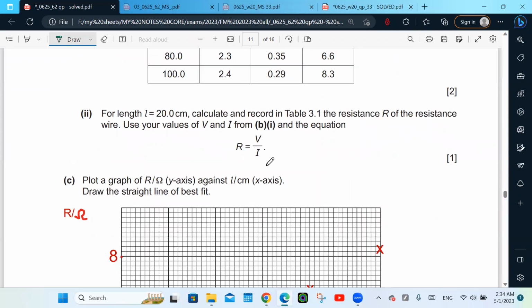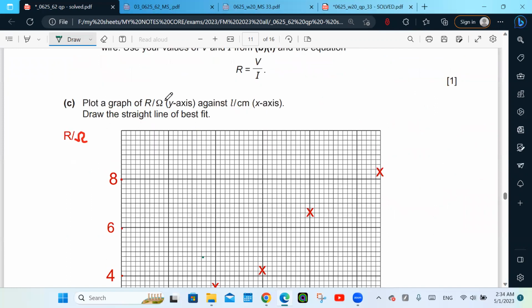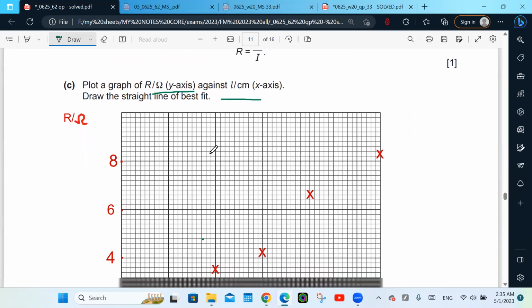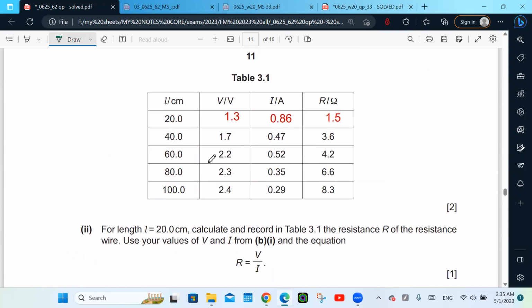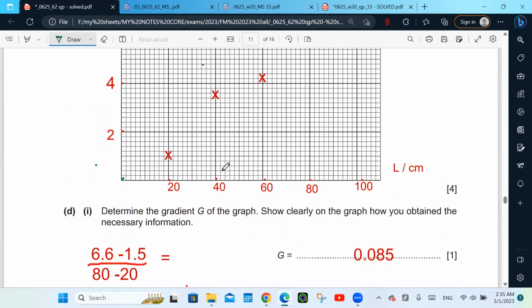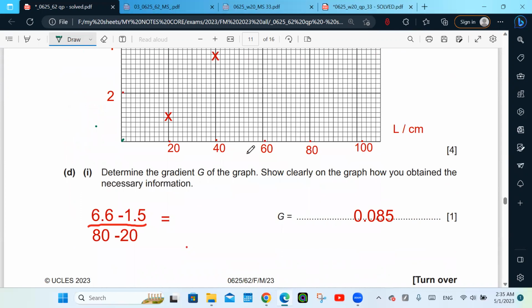In the second part of the question, you need to plot a graph. Plot the graph between the resistance as the y-axis and the length of the wire as the x-axis, as you see. This is a very simple question, I think, because the length of the wire is given as 20, 40, 60, 80, 100. So the length is the x-axis: 20, 40, 60, 80, and 100.